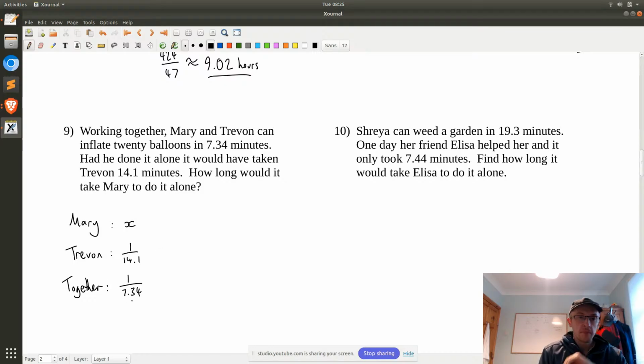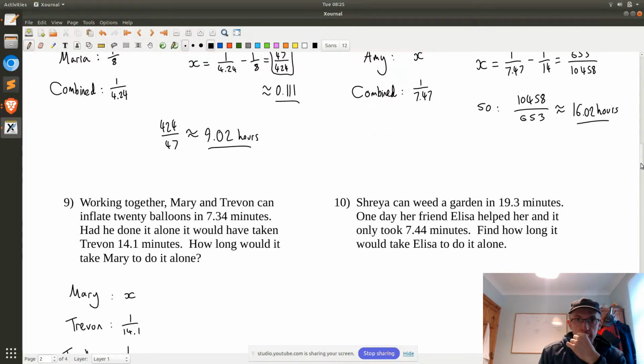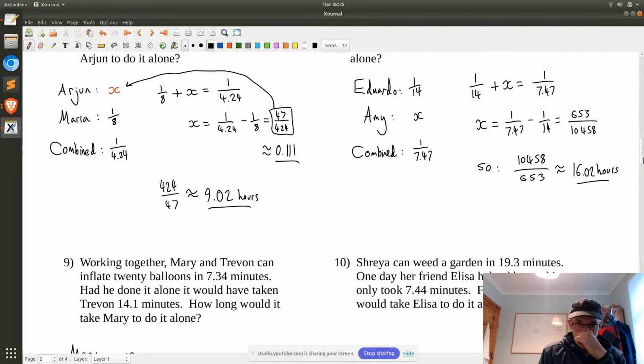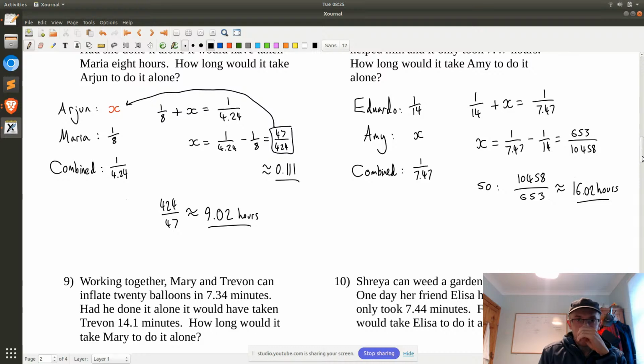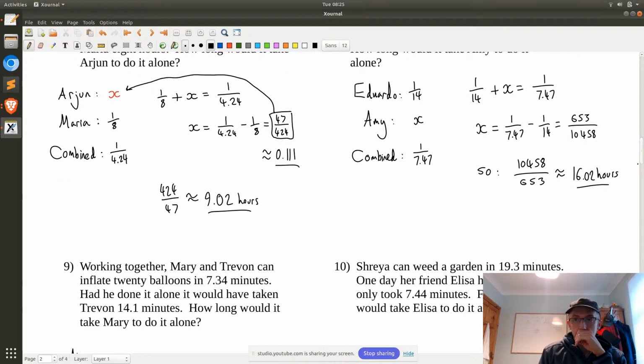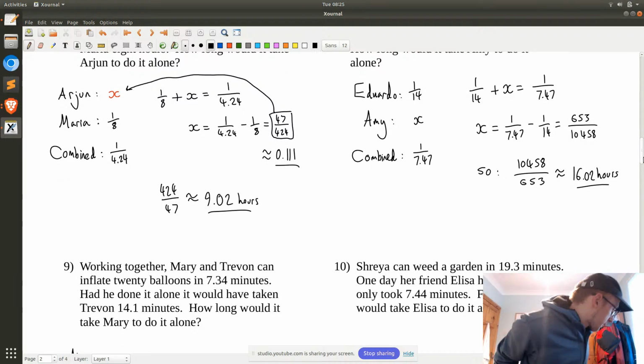So, like before, their combined speed is, excuse me, just for a sec.